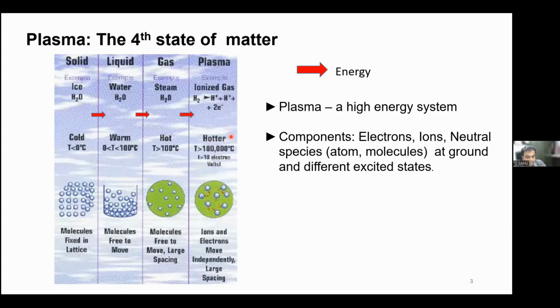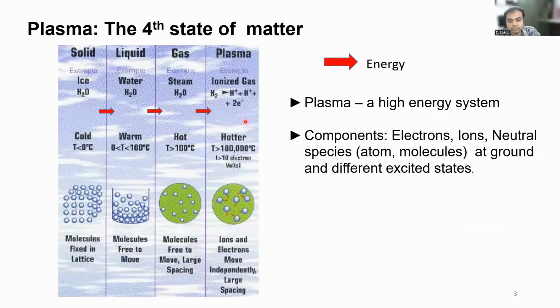For example, you give H2, and there are different components that stay together. One is the electrons and the ions. And it does not happen that all the gas molecules become ionized, so neutral species also coexist.